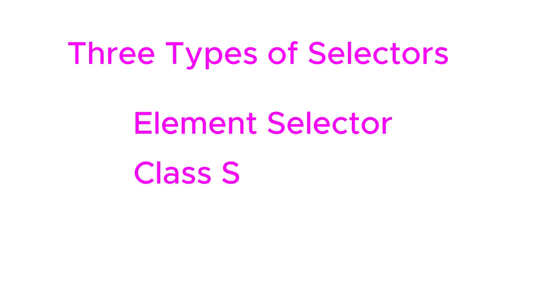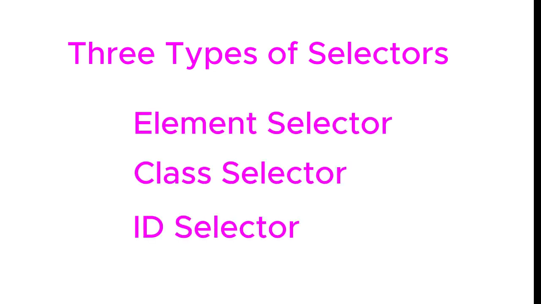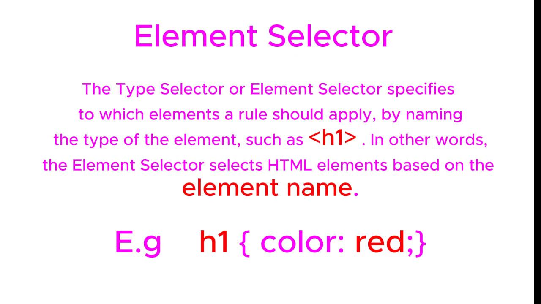Then for the CSS selector, we have three types. We have the element itself, we have the class, and we have the ID. The element itself is when we have, let me see, probably an H1 as our heading element, or heading tags for typography in HTML.